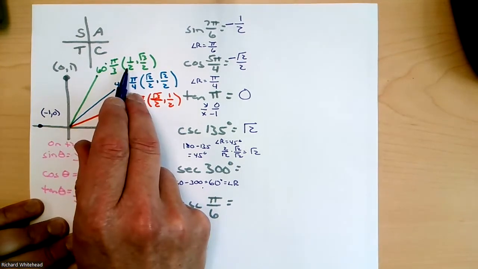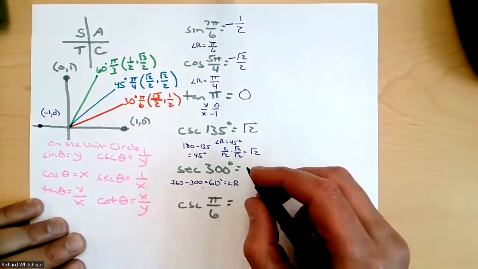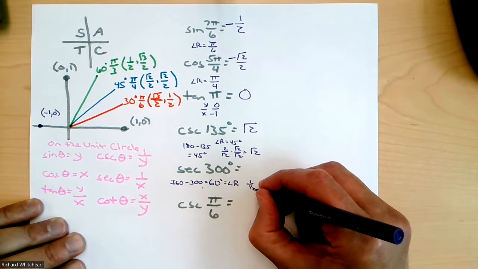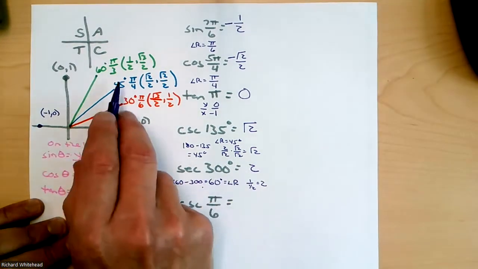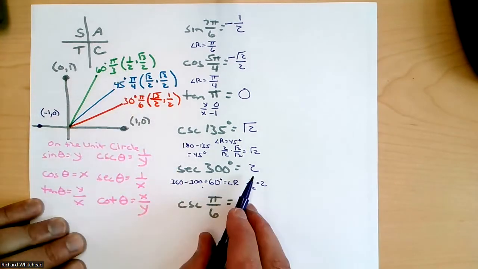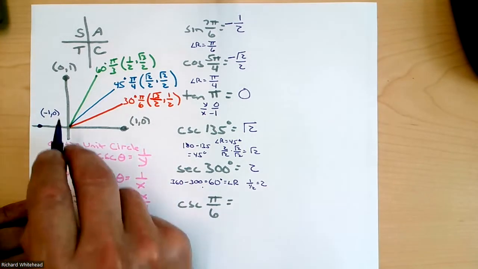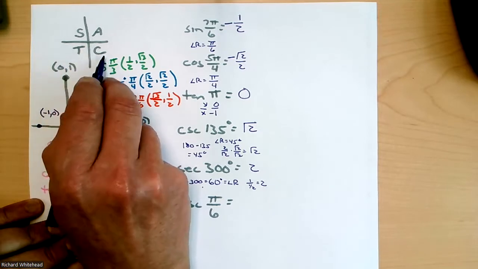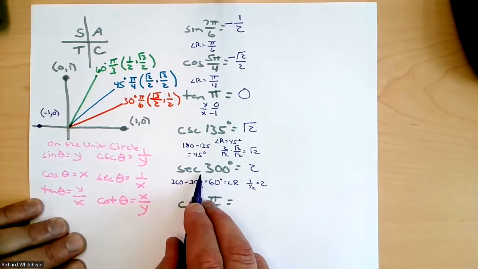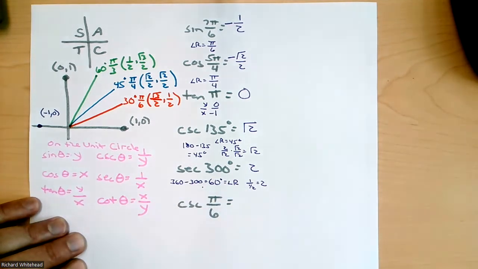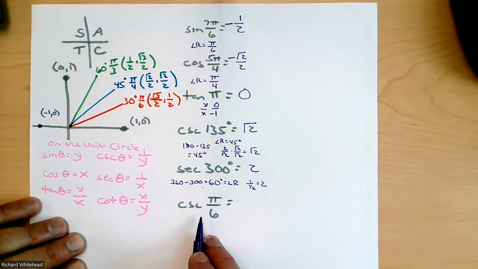At the 60, that would be the reciprocal of 1/2, which is 2. 300's in the fourth quadrant. In the fourth quadrant, cosine and its reciprocal are positive. Well, how convenient. Secant's the reciprocal of cosine, so it stays positive.